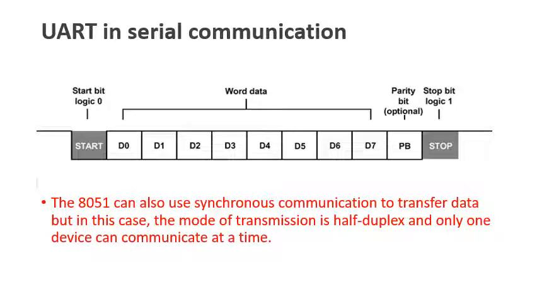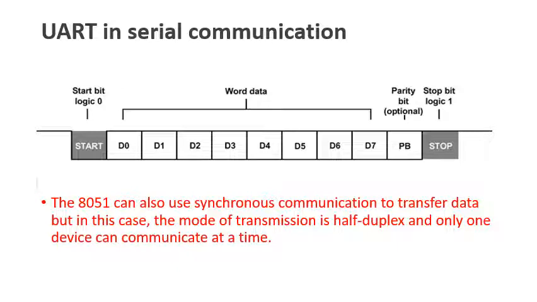UART, Universal Asynchronous Receiver Transmitter, as the name suggests, is an asynchronous mode of data transmission. In the case of asynchronous data transmission, individual bits of data are transferred in the form of frames. These frames have gaps in between them so that the device can synchronize itself to receive data, as it does not use an external clock.